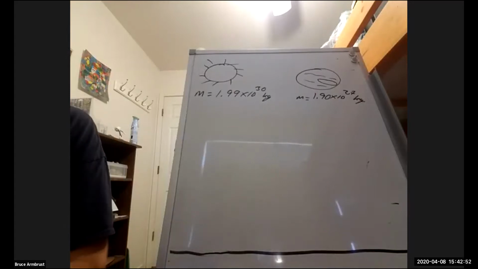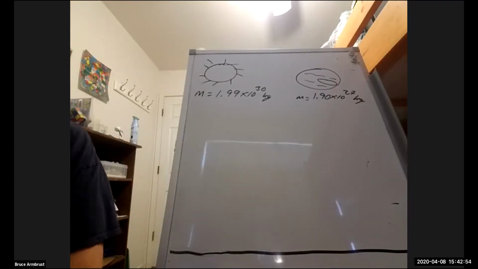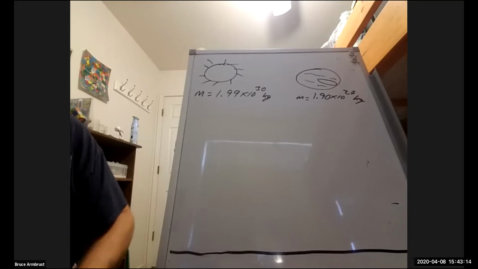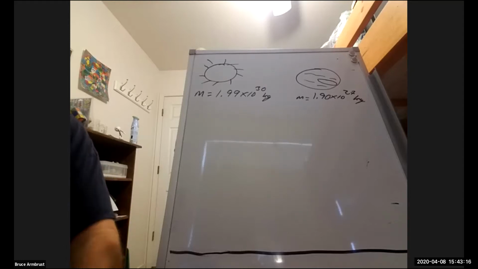So it might not be as different of a mass as you thought. I mean, yes, the sun is 1,000 times more massive, but only 1,000. That really shows you how large Jupiter is. These are masses that we can't really even comprehend, but they are what they are. All right, so there are their masses.